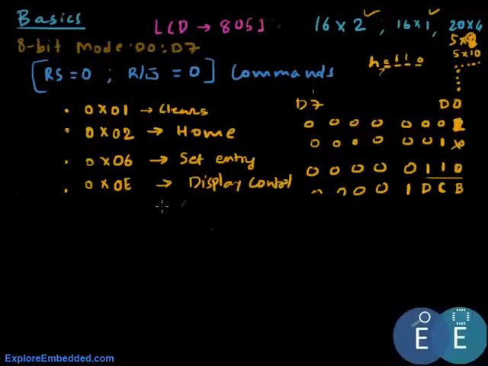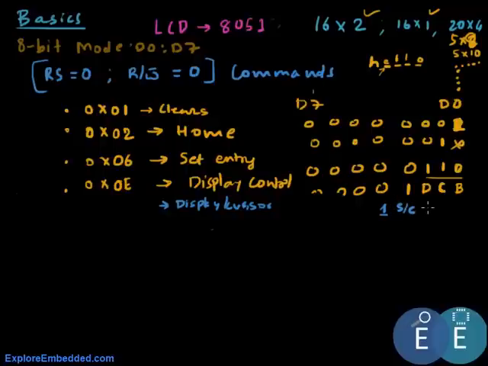Alright, so the next command is display or cursor shift. So with this command we can shift the entire display or the cursor, and as you could guess, the one shifts here, and this bit is called S/C. So C stands for cursor here, and S stands for shifting the display itself.